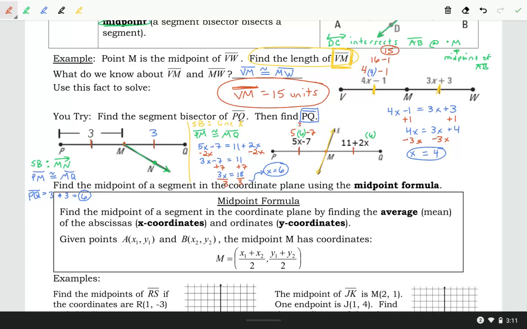So 5 times 6 is 30 minus 7 is 23. Now we should get 23 on the other side as well. Let's double check. 11 plus 2 times 6. So 2 times 6 is 12, and 11 plus 12 is 23. So each of our parts are 23. So PQ is equal to 23 plus 23, which is 46.